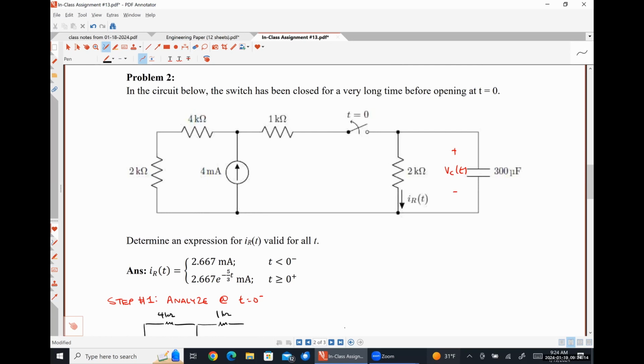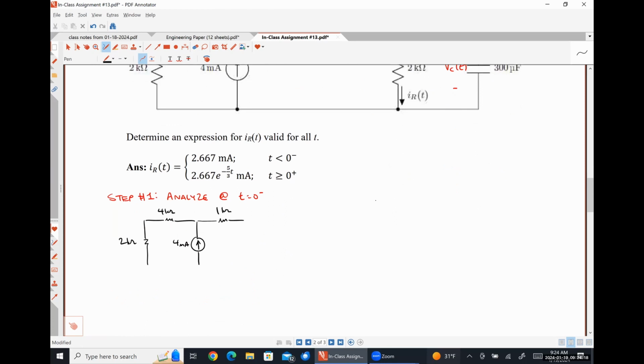The switch is closed before opening, so our switch is going to look like a short. 2 kilo ohms. Here's the IR of 0 minus that we're looking for. Here's the VC at 0 minus that we're looking for.